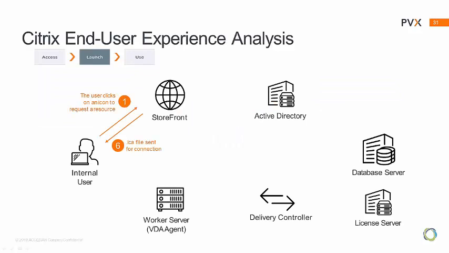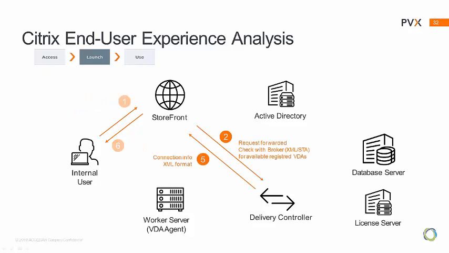So from the launch perspective, the user clicks on an icon to request a resource from the storefront, and here we are, once again hitting the storefront, and there are some other processes going on in the back end in order to get the ICA file set for connection.